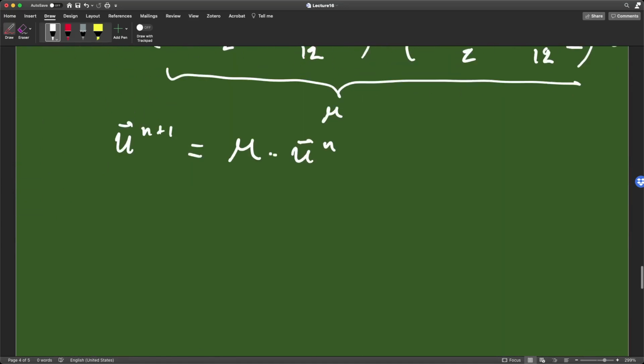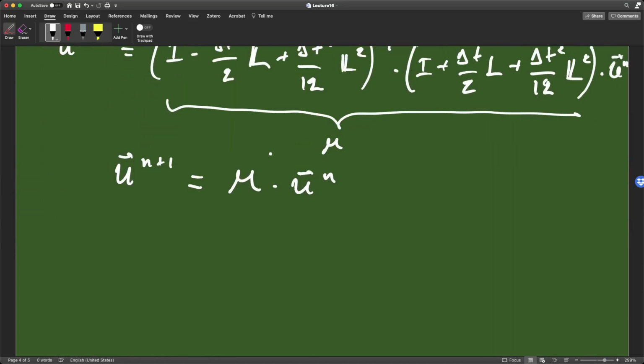What we can do, as we did when we discussed the ODE of this form, which was du by dt equals lambda times u, that was a one-dimensional ODE for a scalar function u of t.